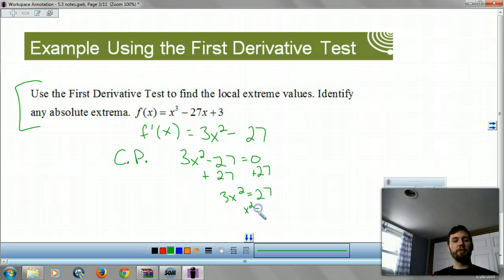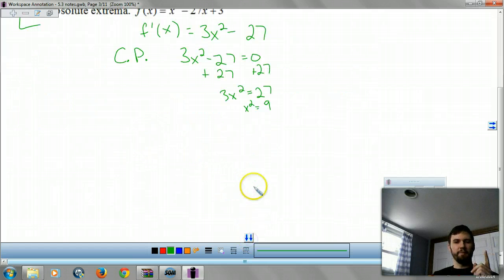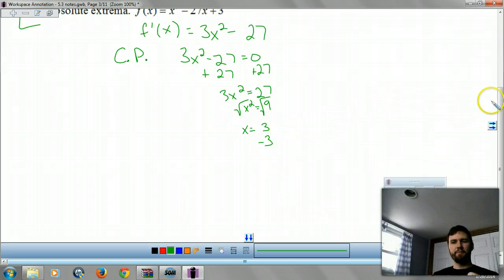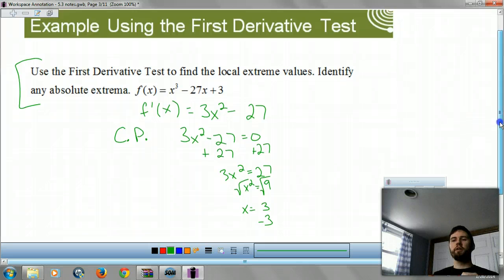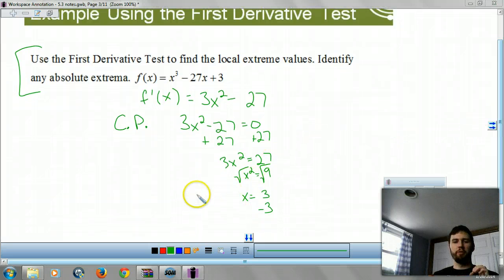X squared equals 27 divided by 3, which is 9. So when you square root both sides, you get x equals 3 and negative 3. Those are our critical points.